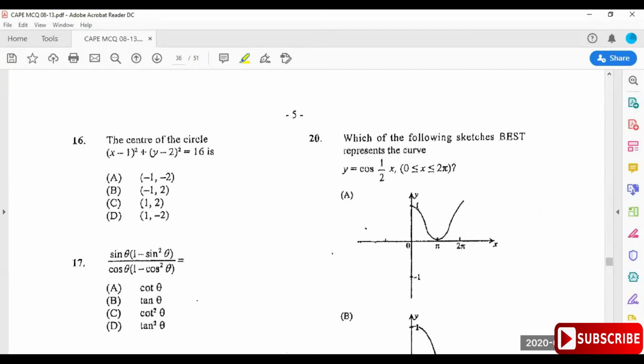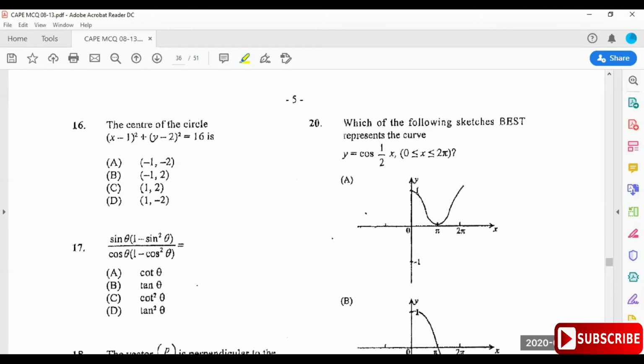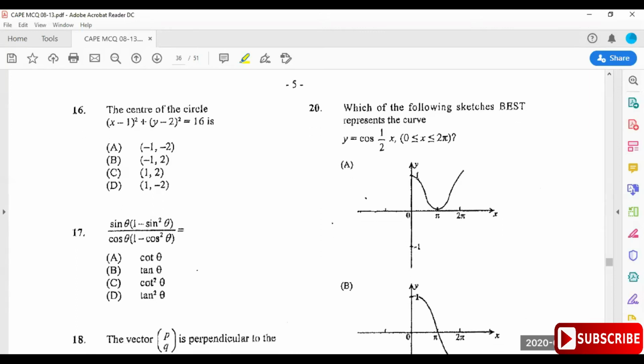Then you're going to have 5 other questions mixed with trigonometry, vectors, circles and parametric equations. So that's module 2.